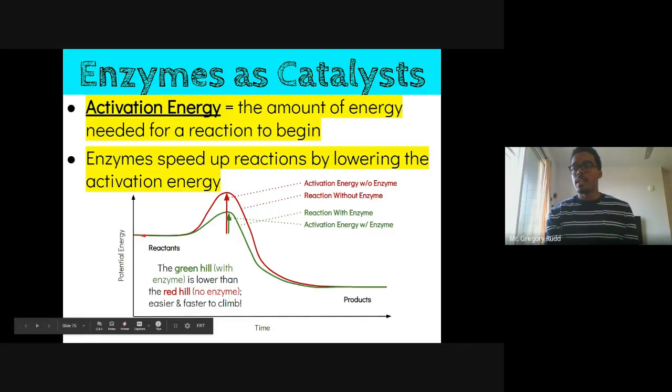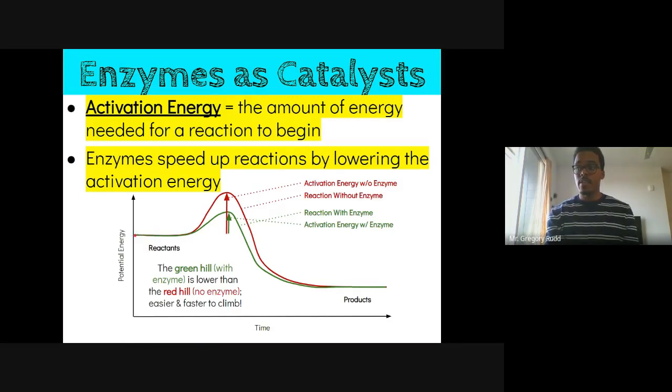It simply measures the amount of energy difference between the reactants. So the reactants are right here, on our y-axis. It measures the energy difference between the reactants and the top of the curve. So the potential energy of the reactants and the top of the curve. The difference between those two is called the activation energy.